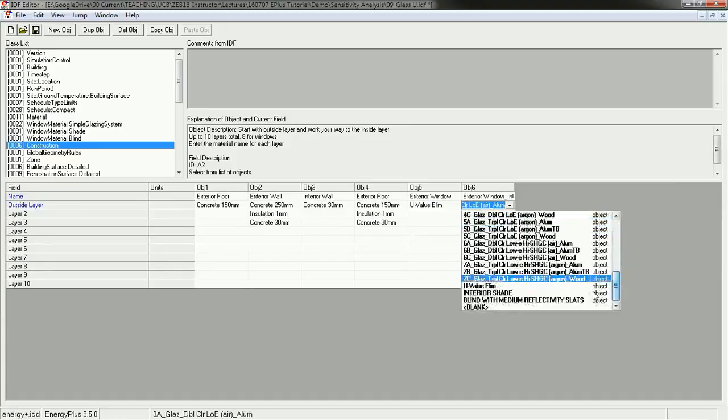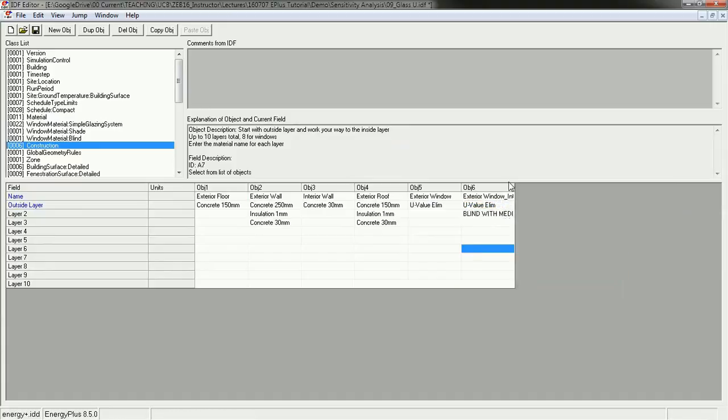I wrote elim because another way of talking about this sensitivity analysis is an elimination parametric, because you're eliminating one value at a time, or in some cases you're increasing that value, you're isolating the value. So I'm going to save this glass U value.